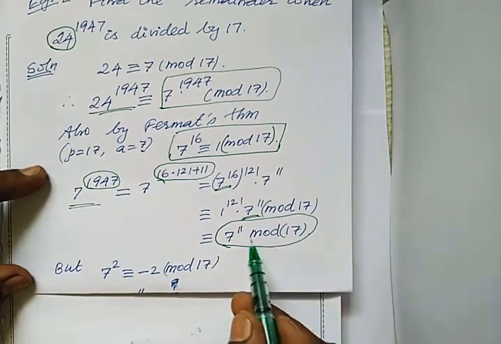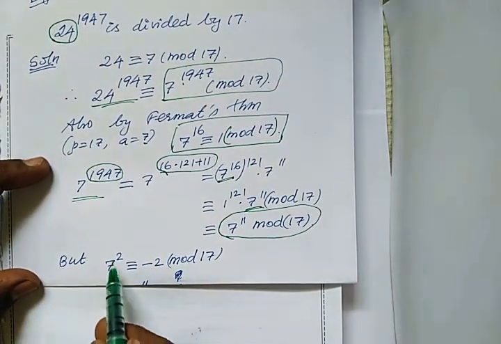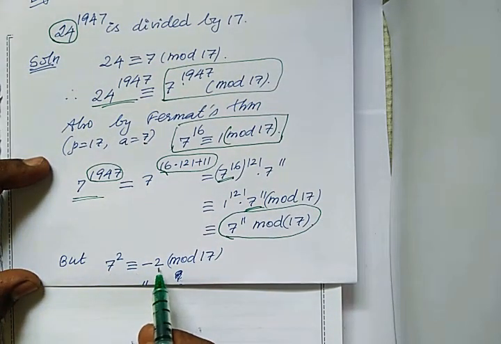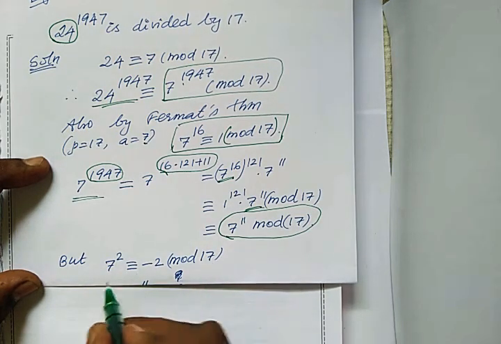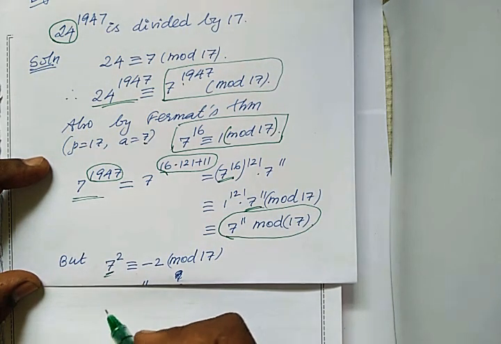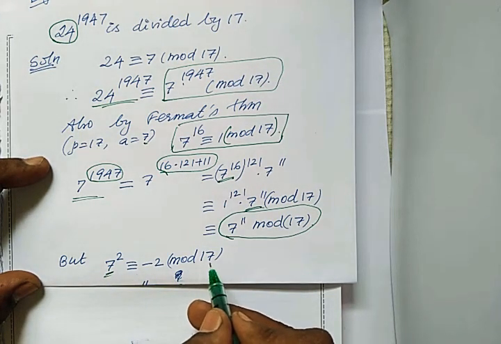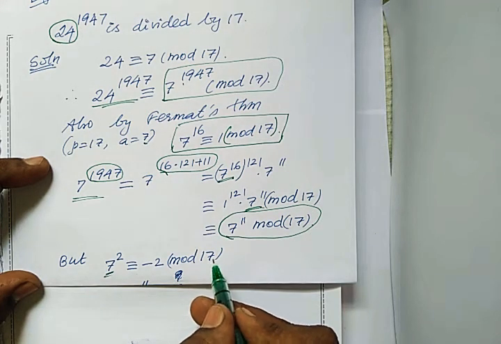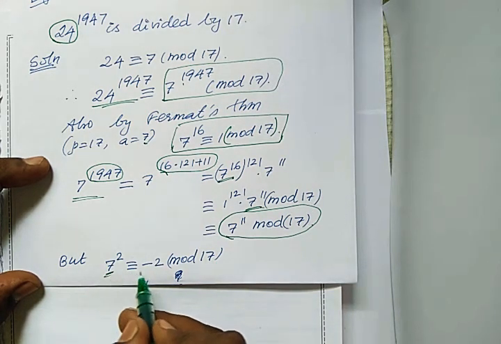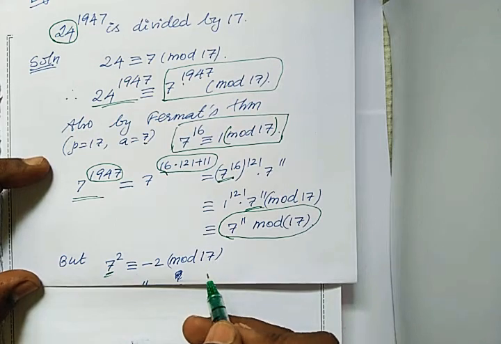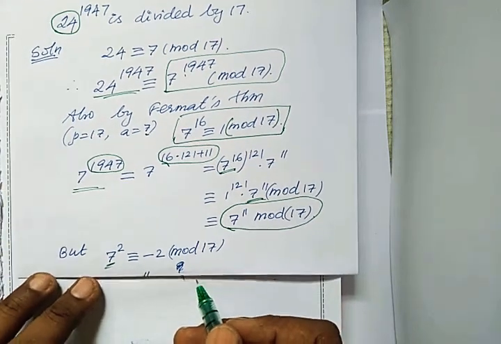Here see, 7 square is congruent to minus 2 mod 17, right? This is 49. So 49 plus 2 is 51. 51 is congruent to 0 mod 17. So 7 square is congruent to minus 2 mod 17, right?